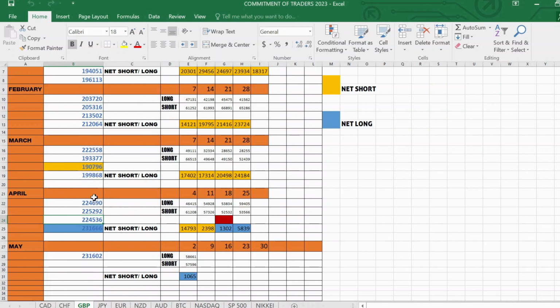Just looking at these figures, these are large build up in volume. Volume is increasing. You can see that this is an uptrend in terms of open interest or volume.